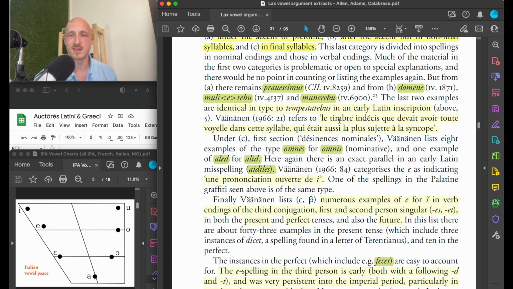We also see nominal endings. So omnes for omnis, aled for alid. This looks like the idealis for idealis. And he categorizes the e as indicating "une prononciation ouverte de i," an open pronunciation of this e.